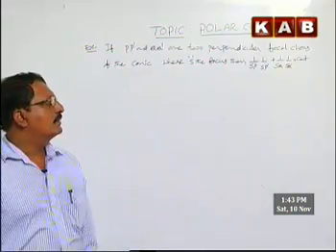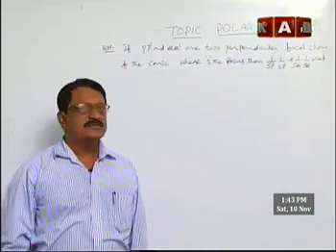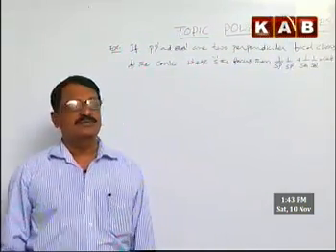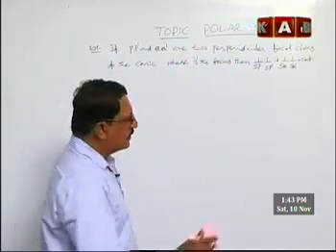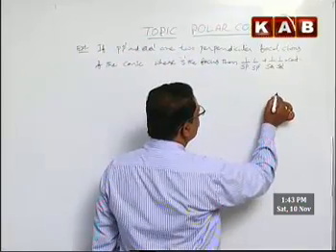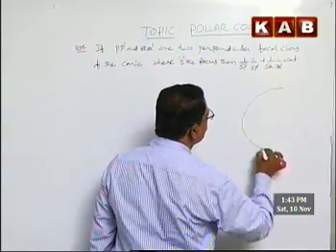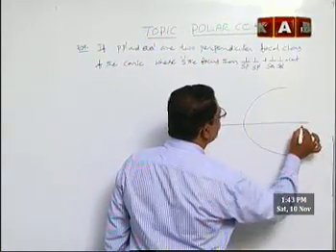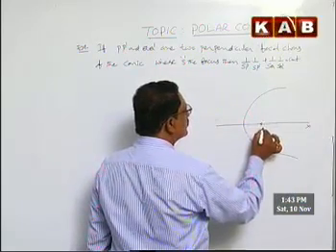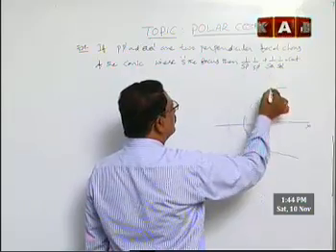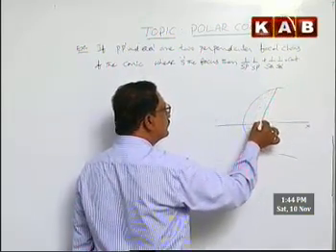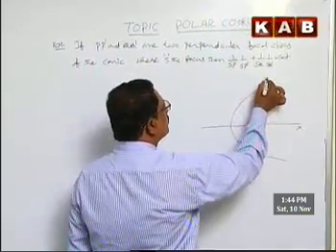Show that 1 by SP into 1 by SP dash plus 1 by SQ into 1 by SQ dash equals to constant. Now conic, S is the focus. Now given PP dash is one focal chord.